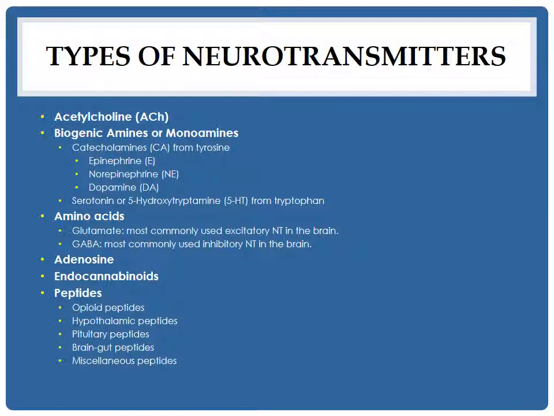It's synthesized from tryptophan. A lot of antidepressants target the reuptake and degradation of these molecules, making them more available. Cocaine and Ritalin also block the reuptake of them, making them more available again.